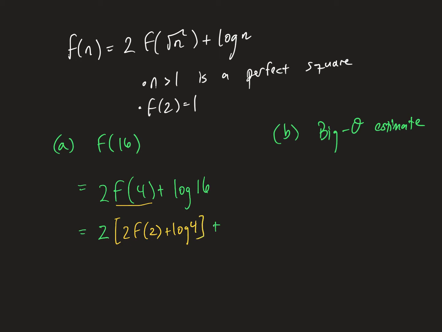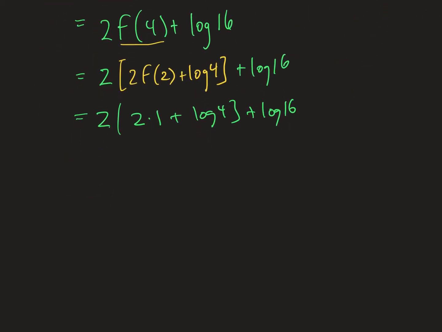Then we have the initial condition f of 2 equals 1 up here. So this equals 2 times 2 times 1 plus log 4 plus log 16. And then we can maybe do some simplification.